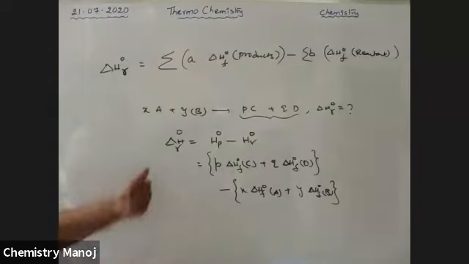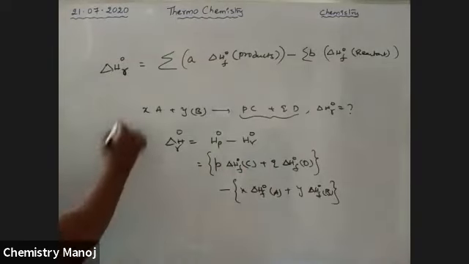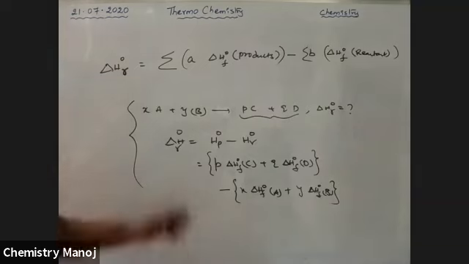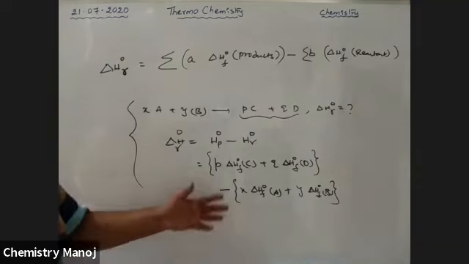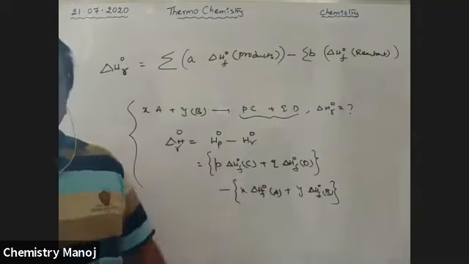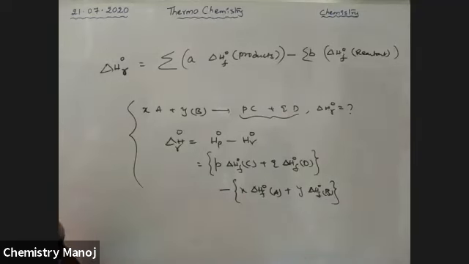That gives delta H naught of the reaction. So it is the way to calculate enthalpy of reaction. This enthalpy of reaction is calculated with the heat of formation of those particular elements. It is very, very important.